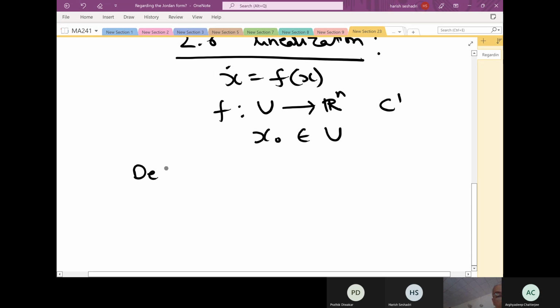Now, I'll make a whole bunch of definitions. Basically, they're just carrying over whatever we have done in the linear case to this general setting. So the first thing we need is the notion of an equilibrium point. x naught is an equilibrium point.